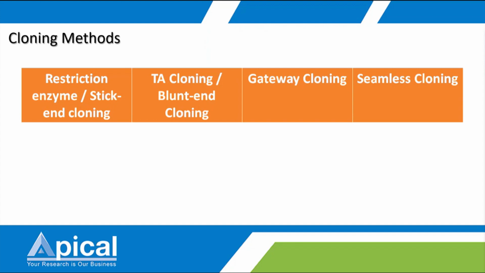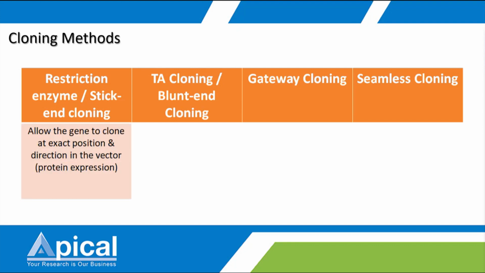But which method is suitable for you, or which do you prefer most? Here are some tips. Restriction enzyme cloning, or sticky end cloning, allows the gene to be cloned at the exact position and in the direction that you want in the vector.